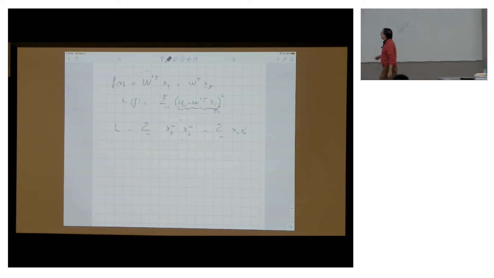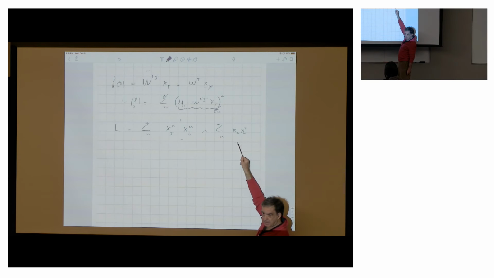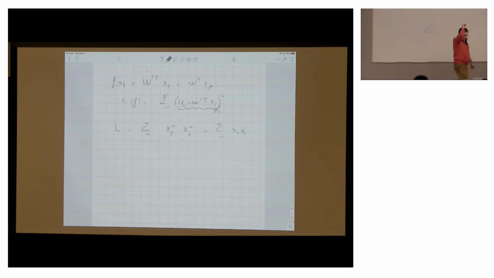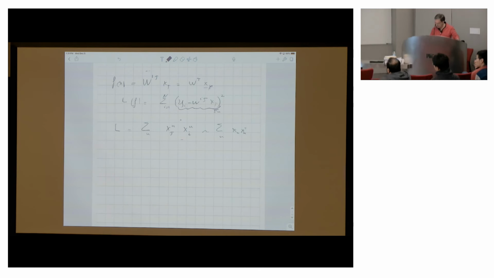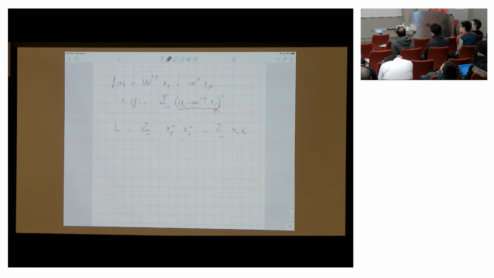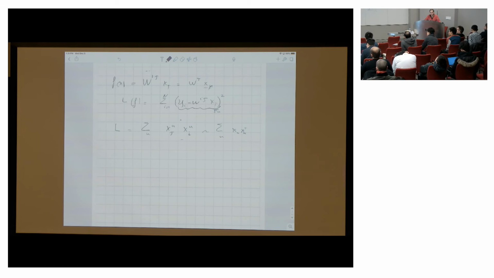Now these are rank 1 matrices. It's the outer product of a vector with itself. Rank 1 means that if you have dimensionality d of these vectors, then you have one eigenvalue which is not 0 and d minus 1 eigenvalues which are 0.